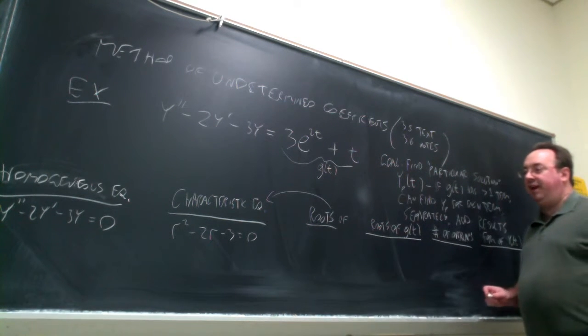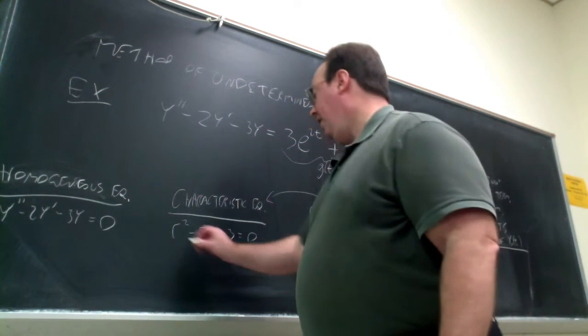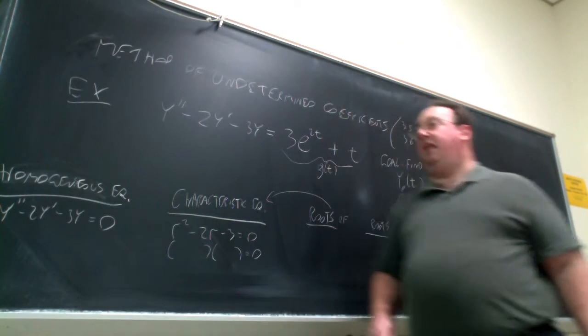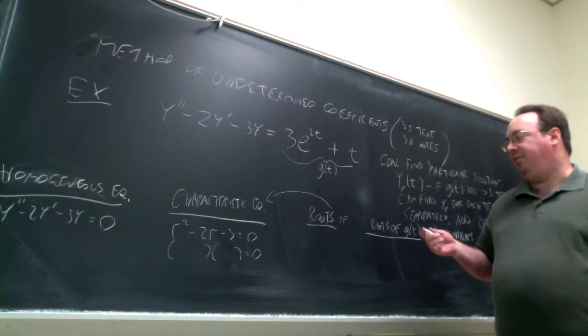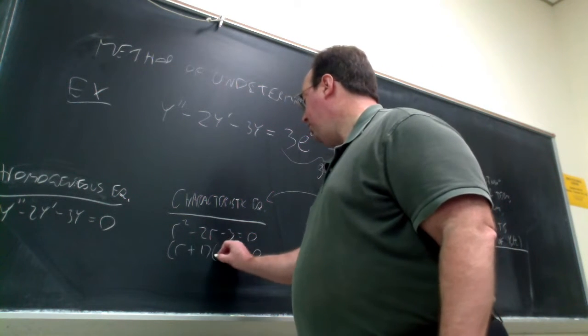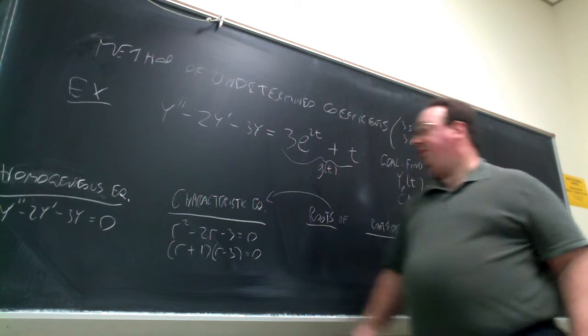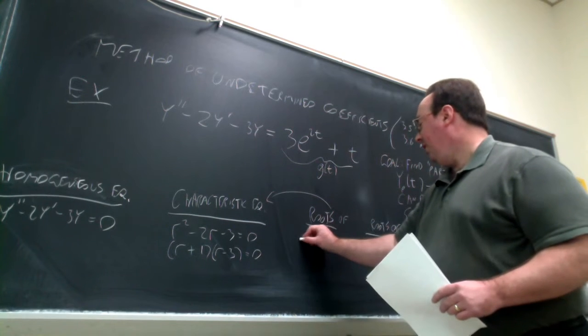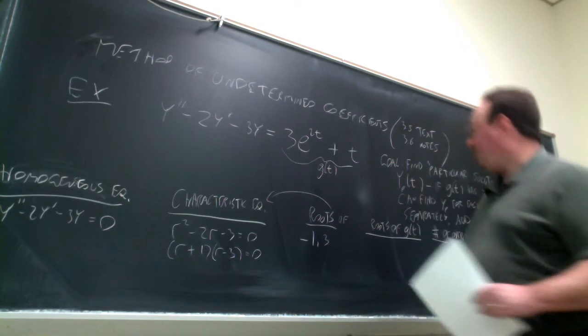And then you can go ahead and find the roots of this. And certainly this one factors nicely. So (r plus 1)(r minus 3). So the roots in this case turn out to be minus 1 and 3.